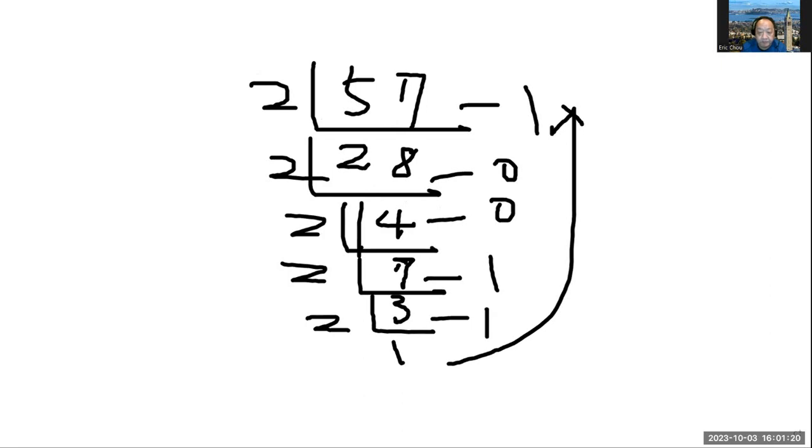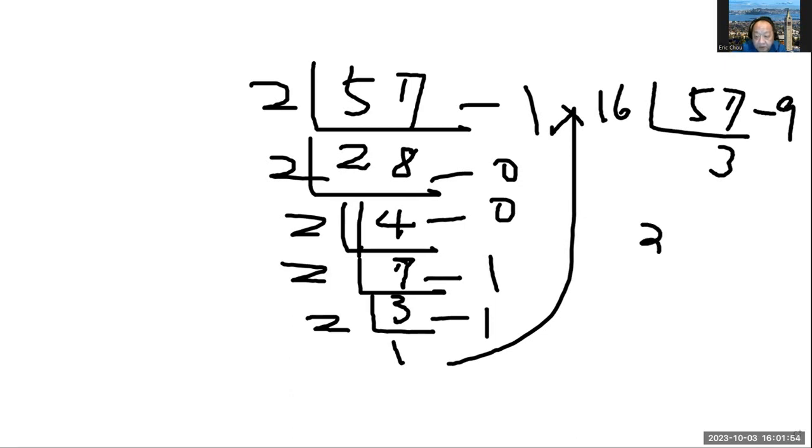Now, this one is base 2. If I want to convert it to hexadecimal, 57 divided by 16 will be 3. 3 times 16 is 48, so the remainder is 9.